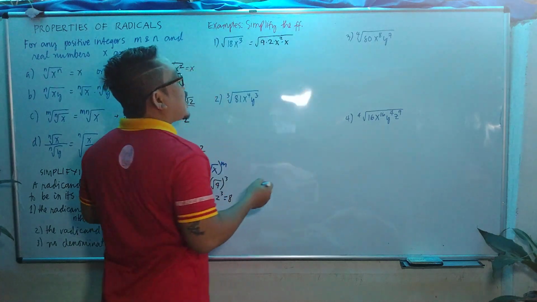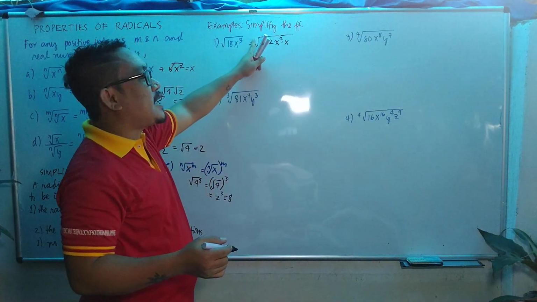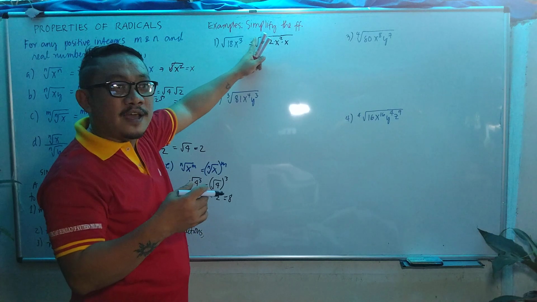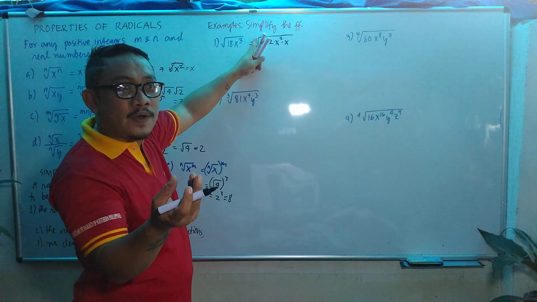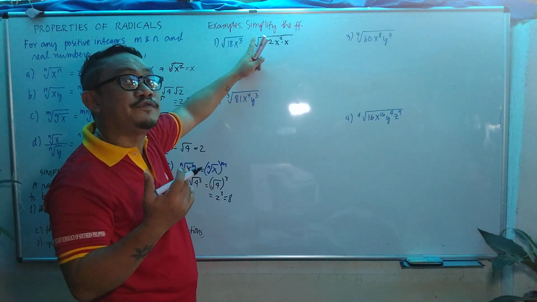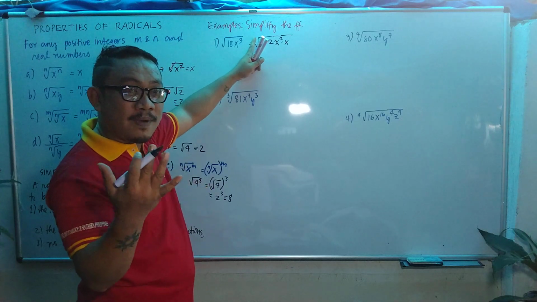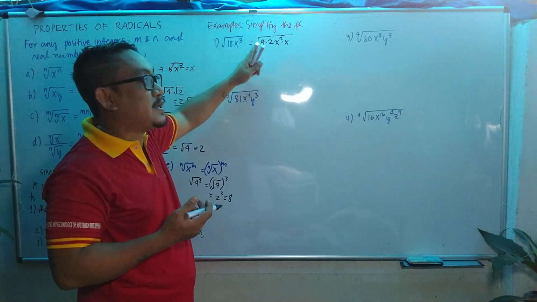I broke it because it is a square root, meaning the index is 2. We need to produce a variable to the power of 2 so that it can cancel with the radical.